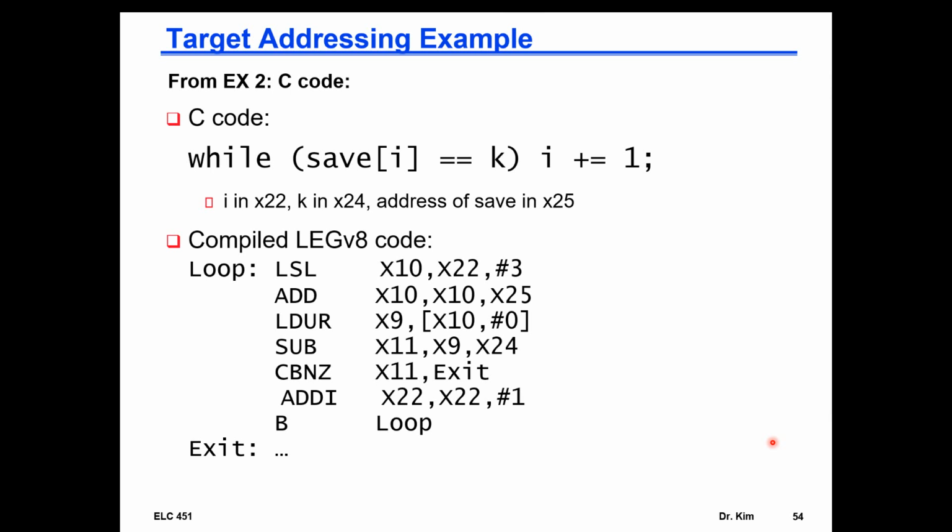So let's look at just some more examples of targeting addressing. Let's look at this statement of C code, which I think we looked at this already. Yeah, we looked at this already.